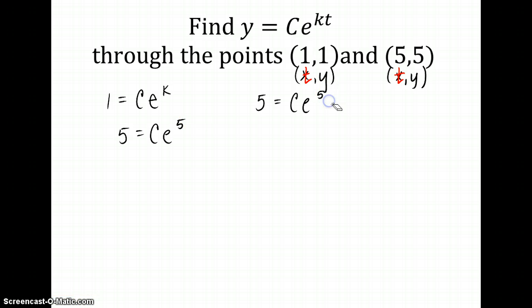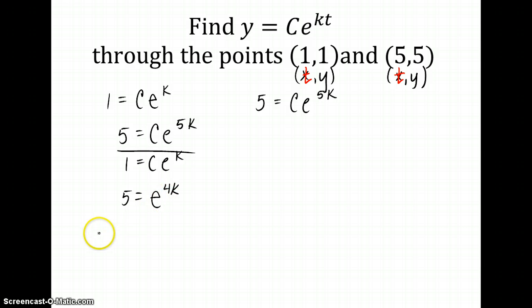Sorry guys, that would be 5k. Stack the functions on top of each other and now divide them. 5 divided by 1 is 5. The c's cancel. Dividing like bases, we subtract exponents.